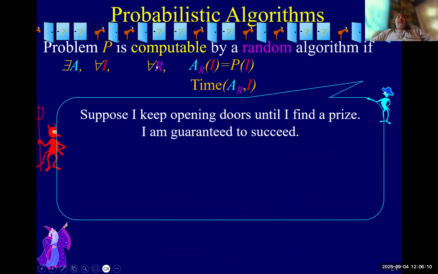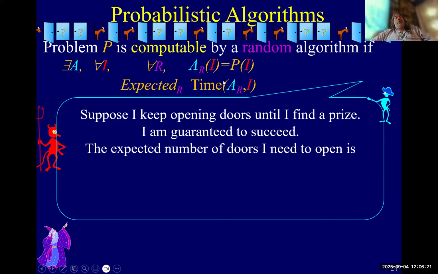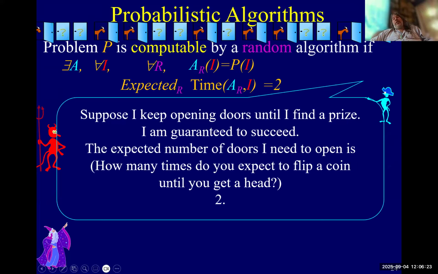Then for every coin flip sequence, you're going to get a prize, and you can talk about the expected running time. The expected running time turns out to be 2 doors, because each door has a probability of one half of having a prize.